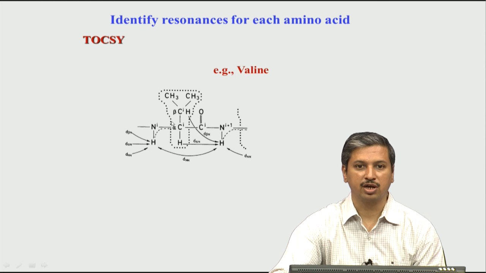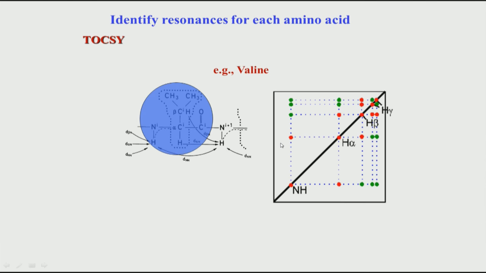For example, in a valine, I would expect correlations between all of its protons, but not to any neighboring amino acids. This is what is shown here. You can see the diagonal, and this is a TOCSY peak, and you can see the correlation from the NH to the C alpha.